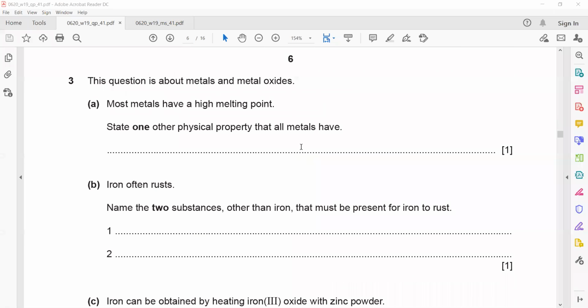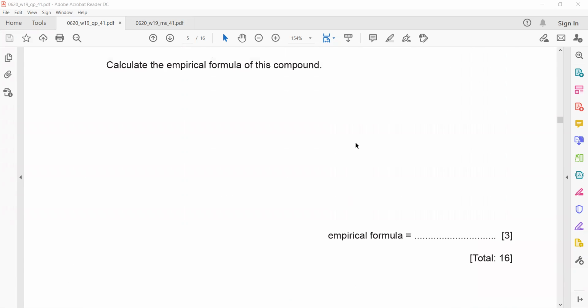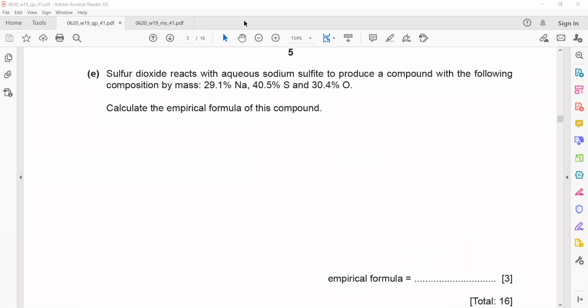In the next question, this question is about the metal and the metal oxides. You cannot work out the molecular formula right now, because if the question was to calculate the molecular formula, then the molecular formula is equal to the empirical formula multiplied by N. And what is N?